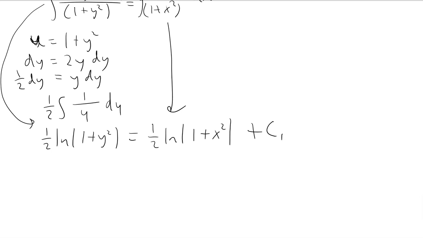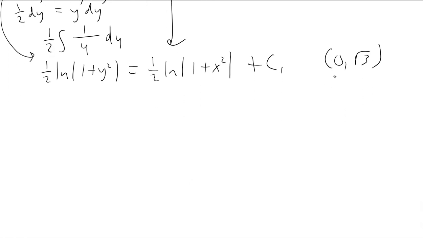So since I've now integrated, I would probably just plug in my initial condition and see where that gets me as far as finding c. So plugging in 0 for x and square root of 3 for y, we get to here.